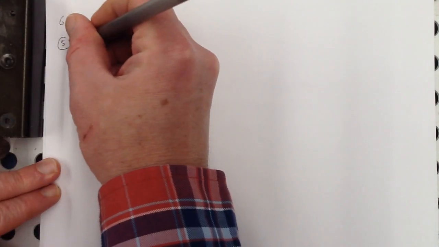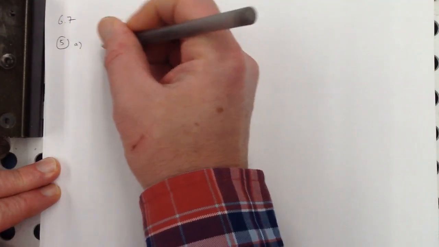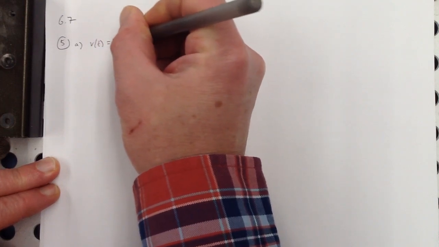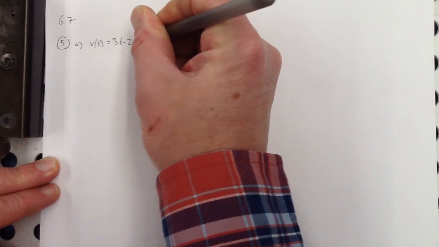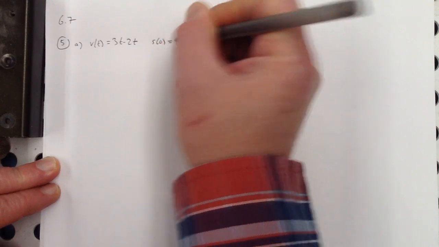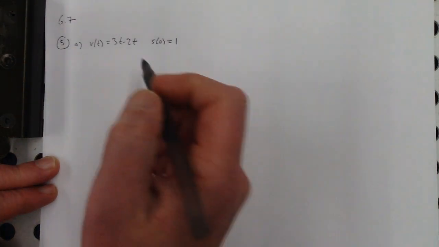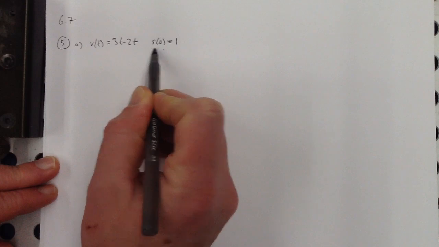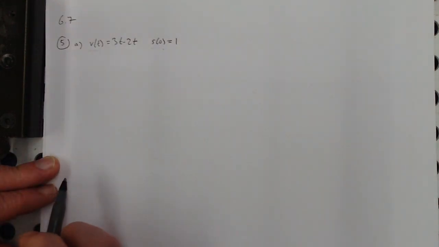So in part A here, we've got a velocity function, which is 3t squared minus 2t, and they're telling us that the starting position is 1. Understanding the calculus relationship between position and velocity is very important.